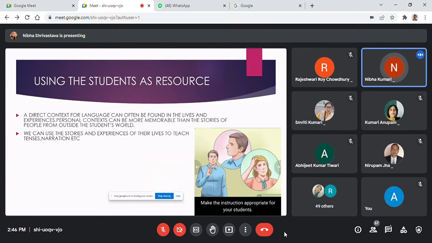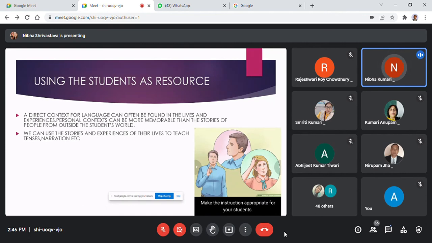Now, using the students as a resource. Students also act as a resource for us in the classroom. Direct context for language can often be found in the lives and experiences of students. Personal context can be more memorable than the stories of people from outside the student's world.